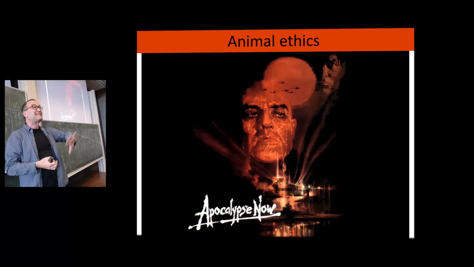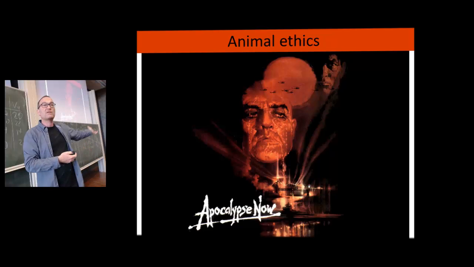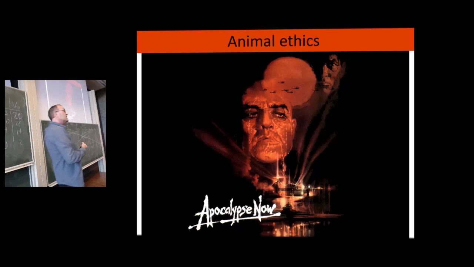This is related to the question of how do we deal with animals. So there are very many conflicting ethical questions about it. In the movie Apocalypse Now, there was a cow that was, I think, slaughtered at the end just for the purpose of the movie. And there was an outrage about it. But we slaughter cows every day, millions of them, to eat them. So the motivation for doing things plays a role in the ethical decisions that we make and the moral systems that we deal with.